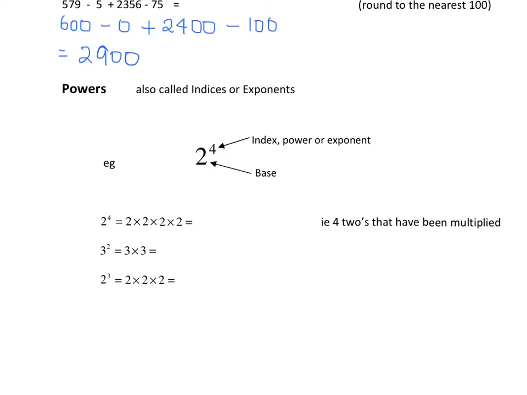Okay, so the 4 2's are multiplied. 2 times 2 is 4, times 2 is 8, times 2 again is 16. 3 times 3 is 9, and 2 times 2 times 2 is 8.